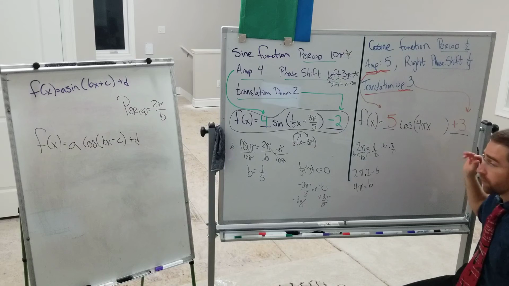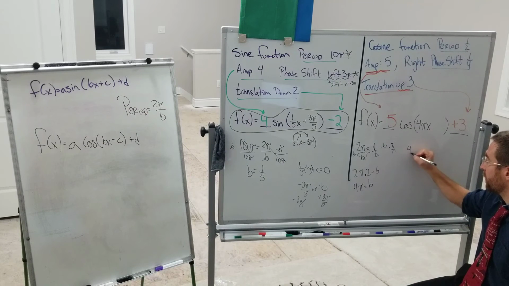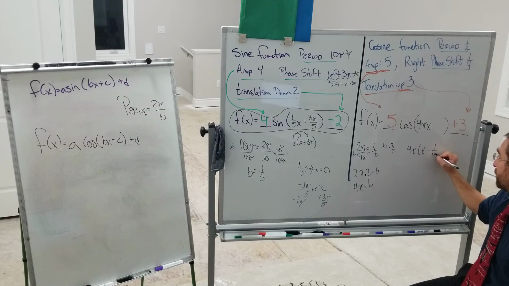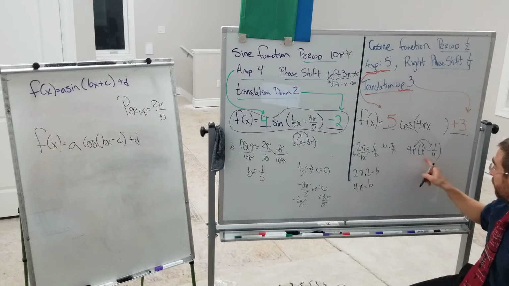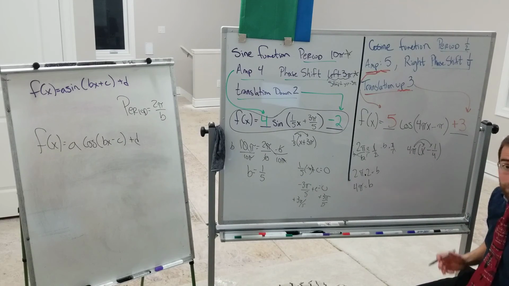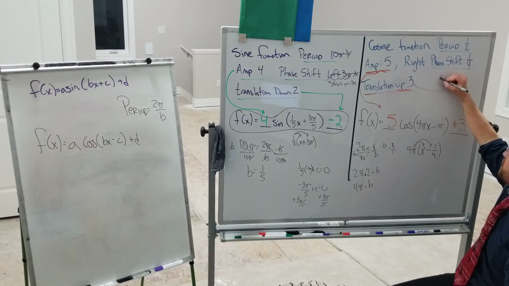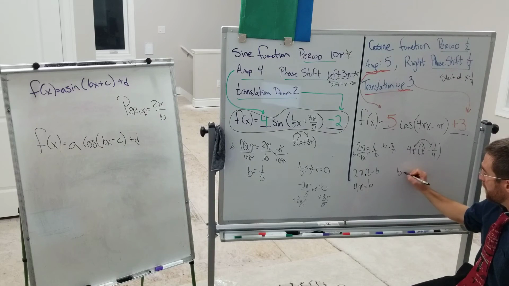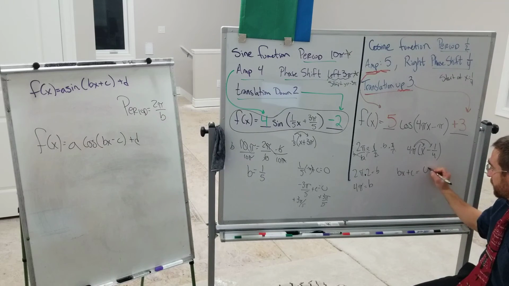So that means we have 2 ways to do this. I could go 4 pi times (x minus 1/4) and just distribute the 4 pi through. So it's 4 pi x and then minus pi. Or I could say this means we start at x equals 1/4. So we take our bx plus c equals 0.